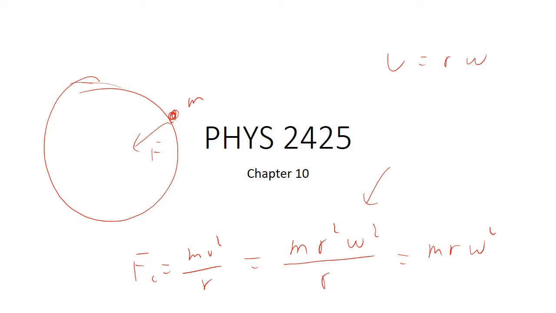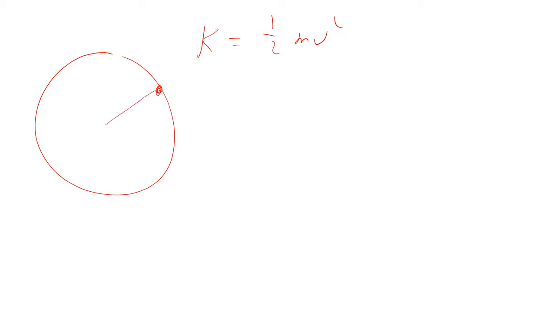Because the other thing is kinetic energy. Okay, so we got kinetic energy. What's the kinetic energy of this motion? We know the kinetic energy is just 1/2 mv squared. And so if this thing's moving at some velocity v, it's going to have a kinetic energy. Well, once again, we could rewrite that as 1/2 mr squared omega squared.